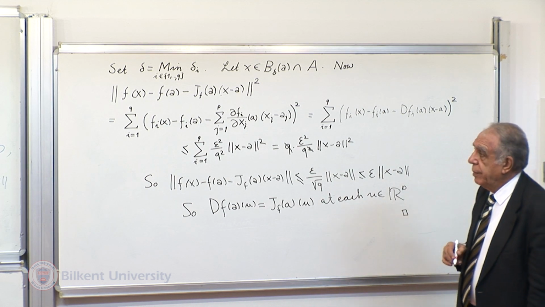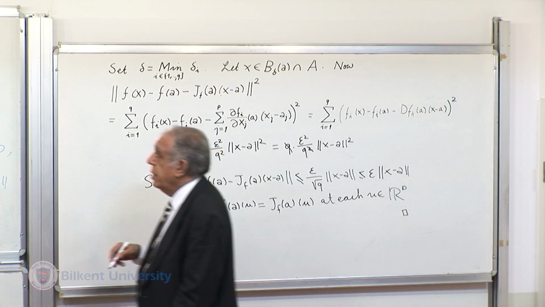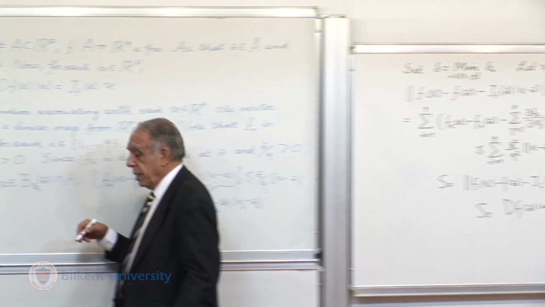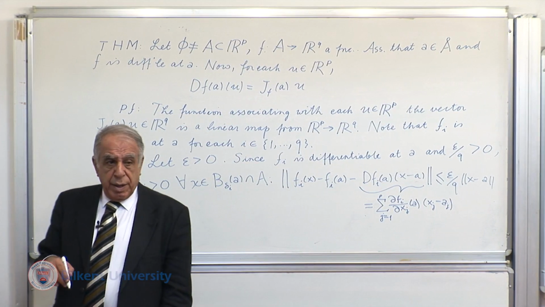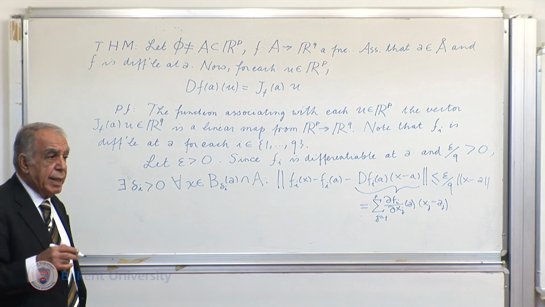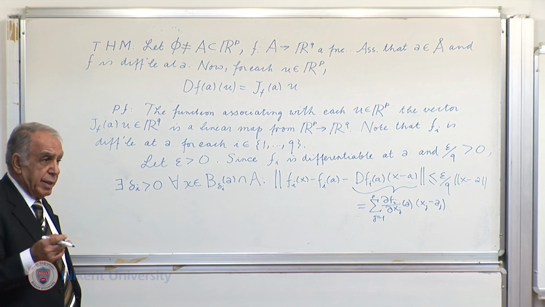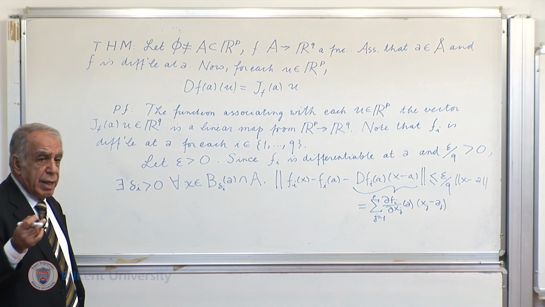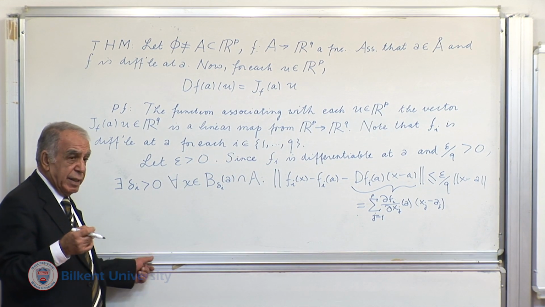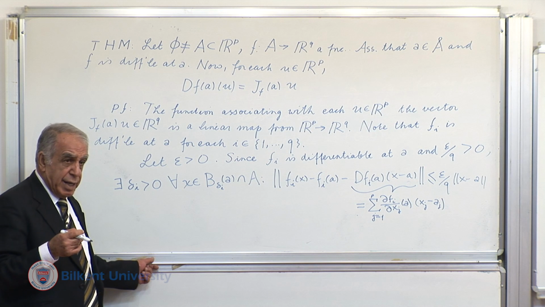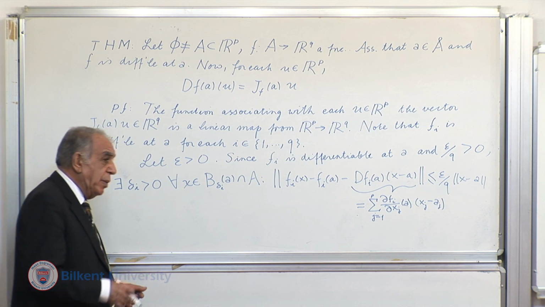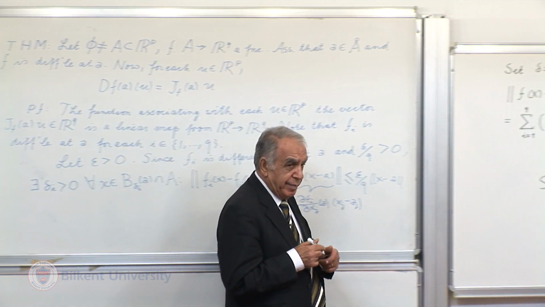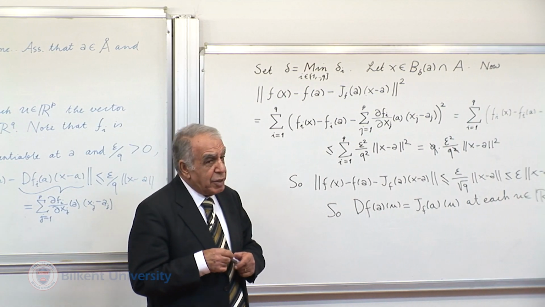Okay. So if a function is differentiable from R^p to R^q, we can represent its derivative in terms of partial derivatives. Differentiability implies existence of partial derivatives, but the converse is not true. But it would also be nice if we had a partial converse.